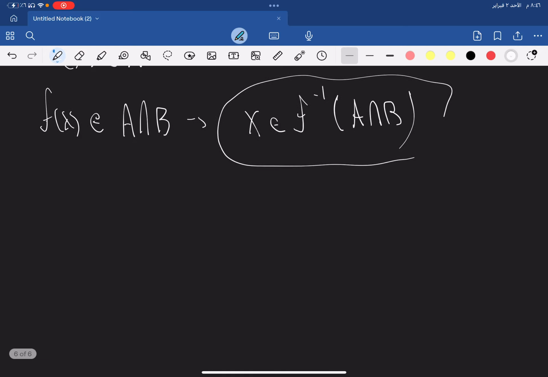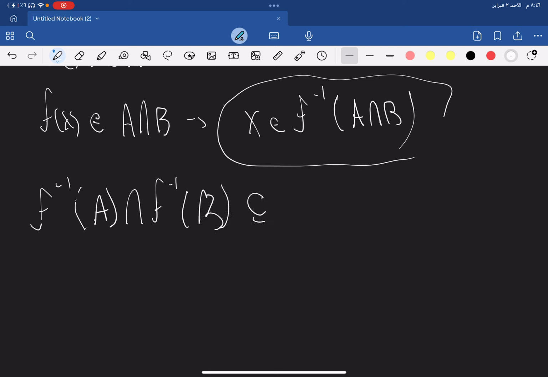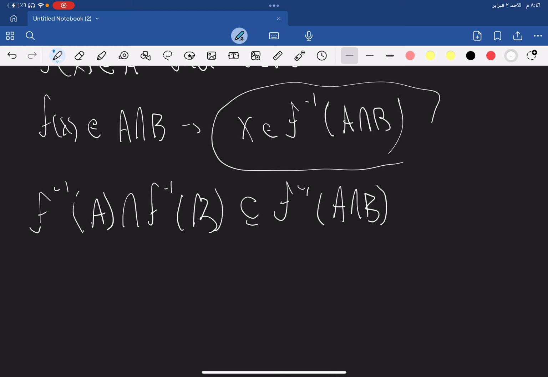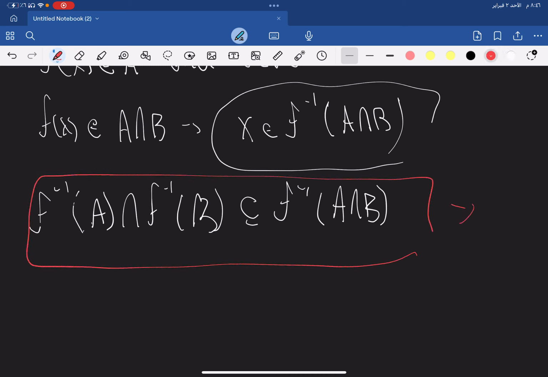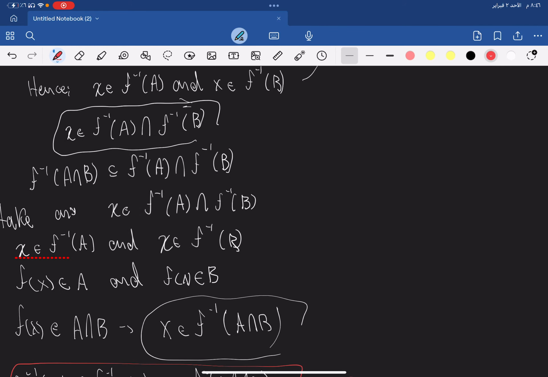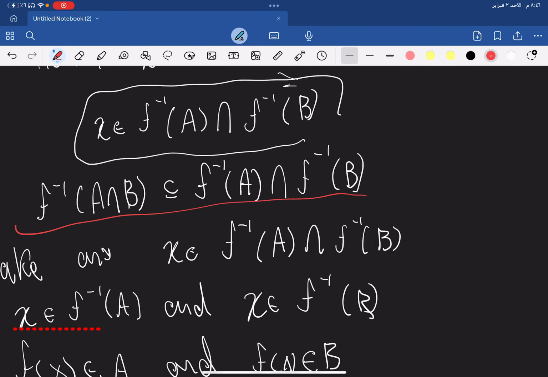Hence, F inverse of A intersection F inverse of B is a subset of F inverse A union B. So let's call this 2, and let's call this 1.